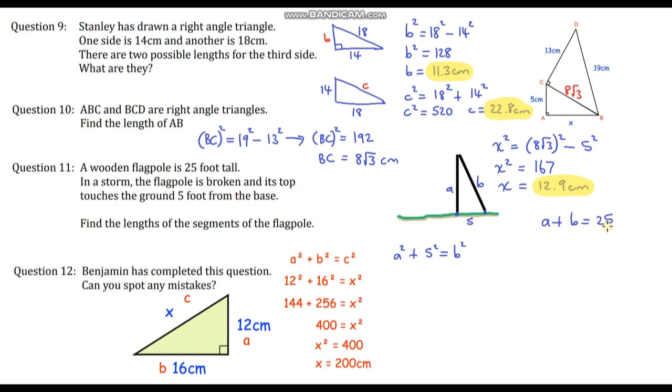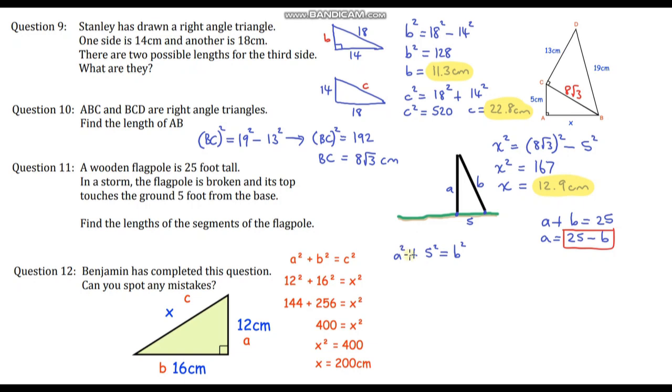If we subtract B from both sides, we get A is equal to 25 minus B. And now we can substitute this expression for A into this equation. So wherever we see an A, instead of writing A, we can write 25 minus B because these two things are exactly the same.